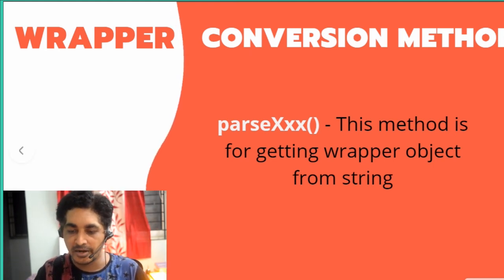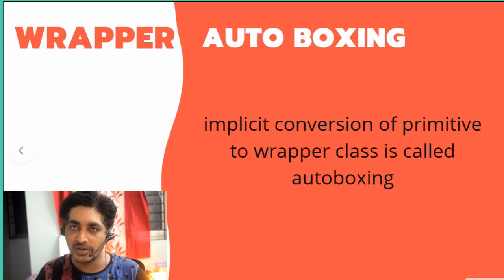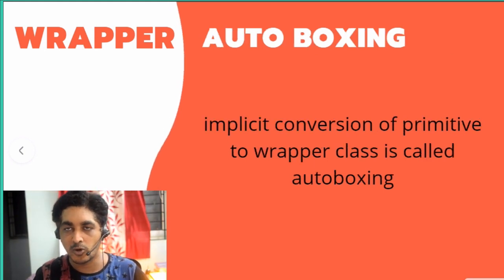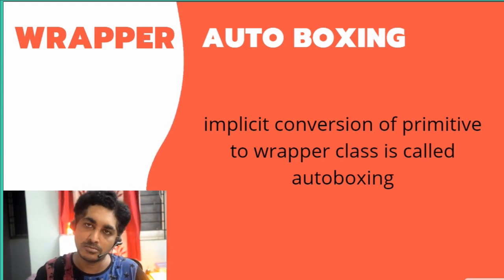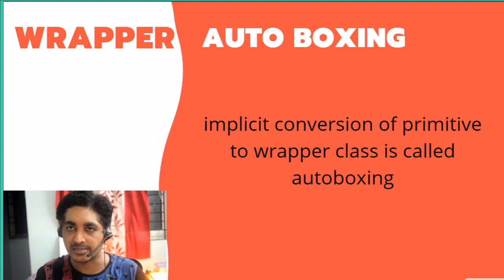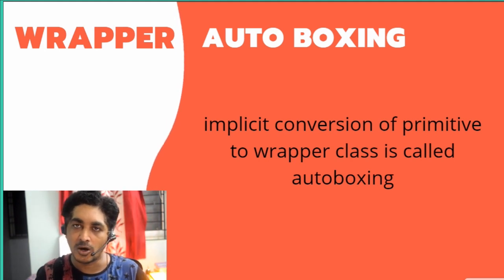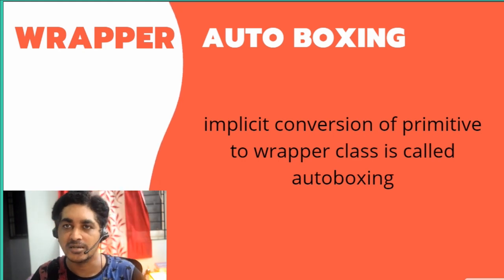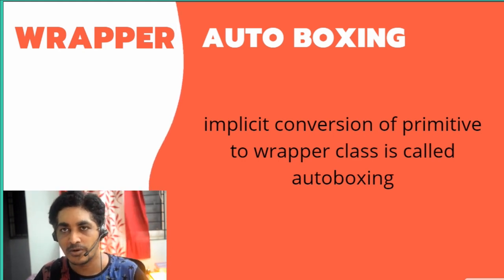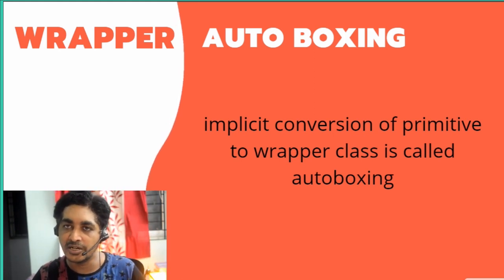Okay, and auto boxing we already explained, right? Auto boxing is nothing but converting a primitive data type into a non-primitive, non-primitive in the sense of a wrapper class, which is called auto boxing. This will happen implicitly. You don't need to do anything. Java will do it for you. This will work after JDK 1.5. This is a new concept introduced in JDK 1.5.